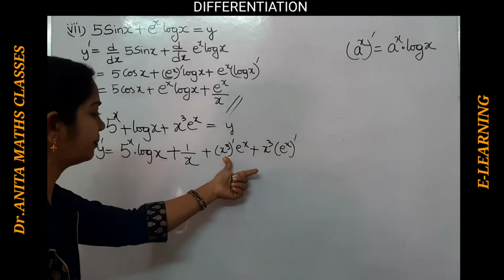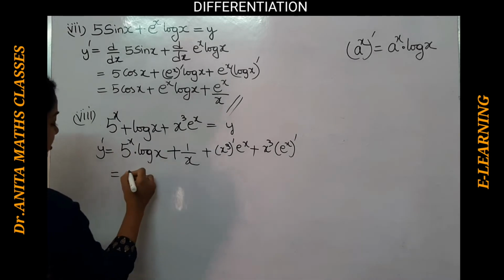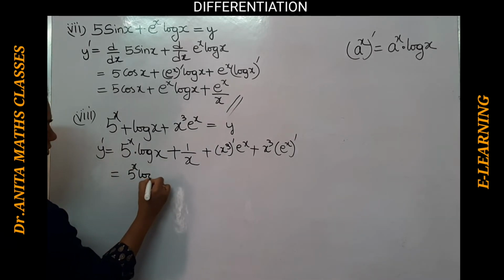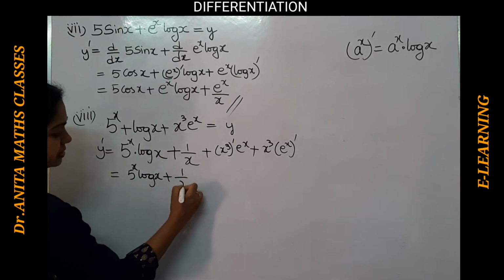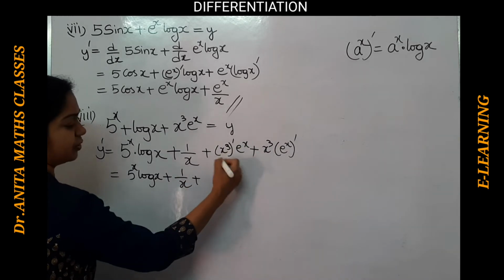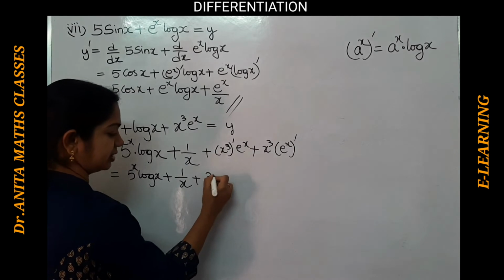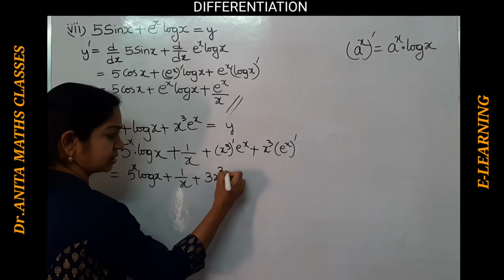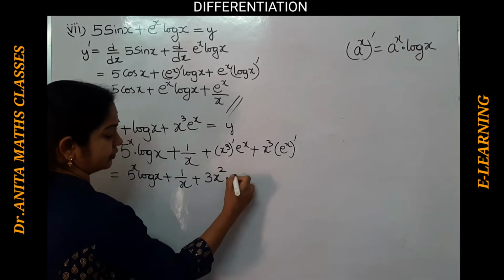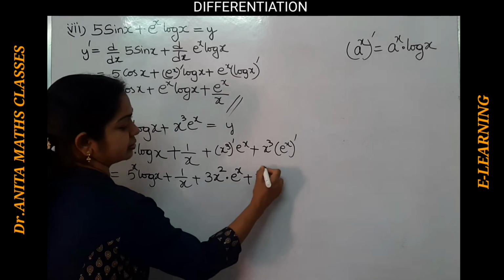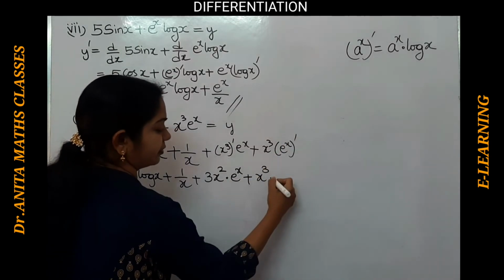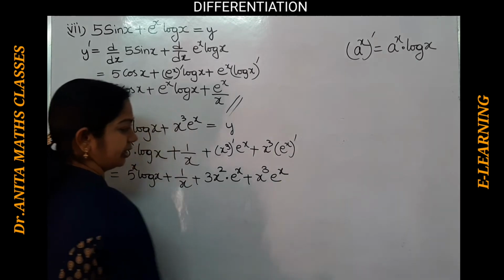I have applied the product rule. Now this is 5^x log x plus 1 by x. Here the derivative of x to the power of n is n x^(n-1). So here 3x^(3-1), that is 3x squared, and e to the power of x as it is, plus x cube as it is, and the derivative of e to the power of x is just e to the power of x.